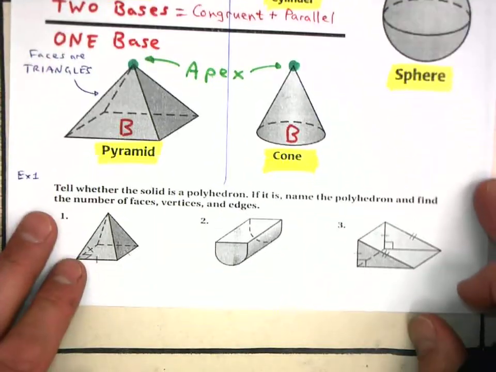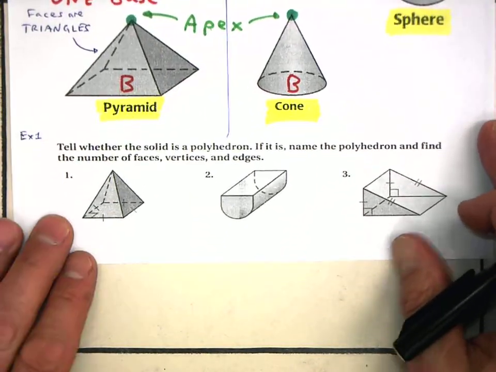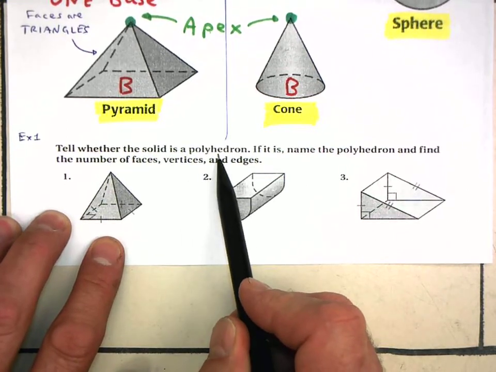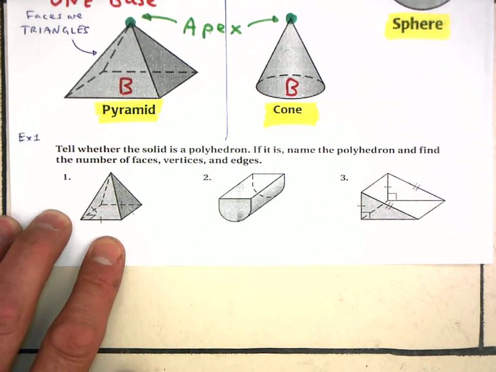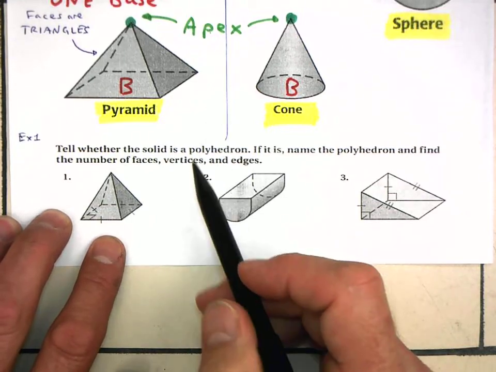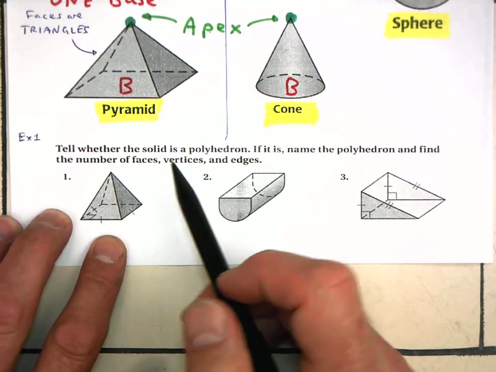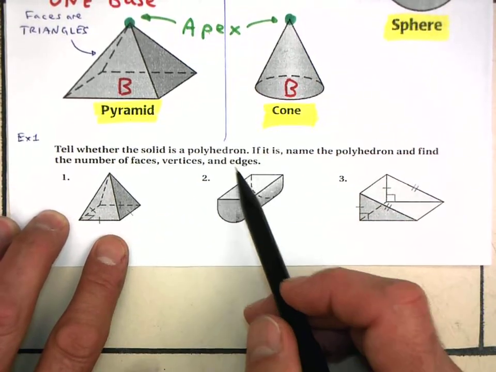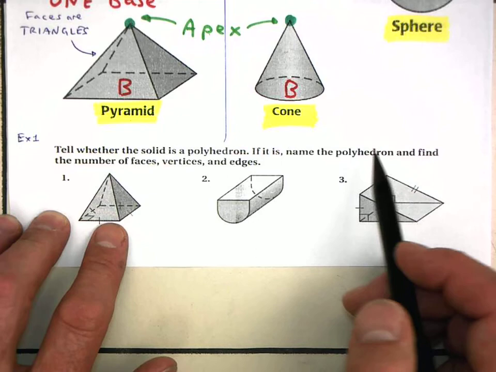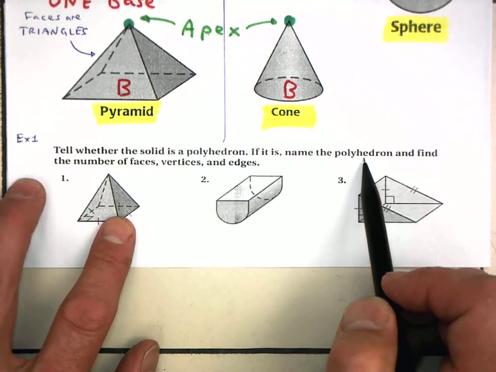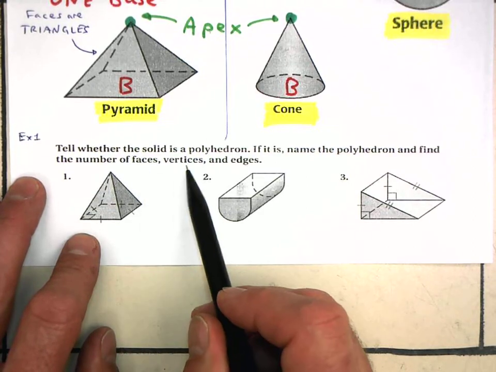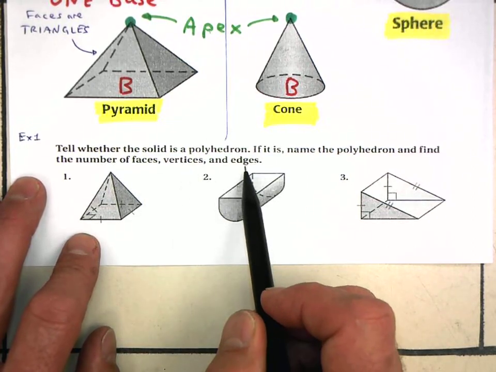Okay, you are now ready to tell whether or not each of these solids is a polyhedron. Remember, polyhedron means each of the faces, or surfaces, has to be a polygon. And if it is a polyhedron, then name that polyhedron, and then find the number of faces and vertices and edges.